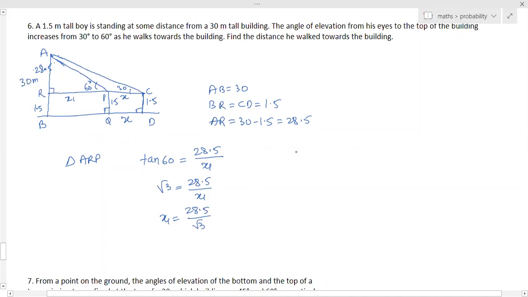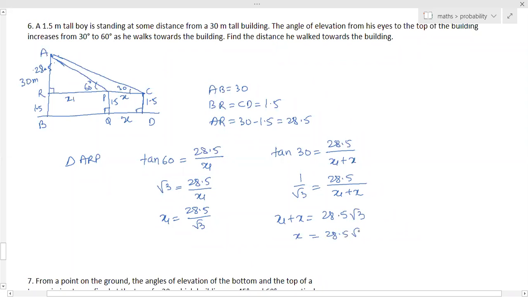And then for the second triangle, tan 30 is equal to 28.5 divided by the whole side, x1 plus x. 1 by root 3 is equal to 28.5 by x1 plus x. x1 plus x is equal to 28.5 root 3. So x is equal to 28.5 root 3 minus x1.